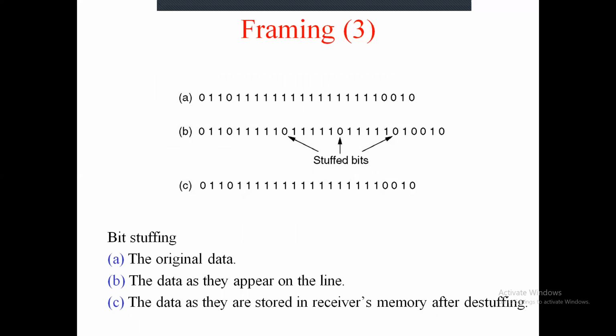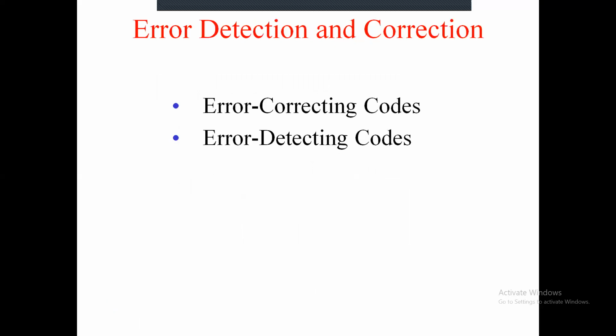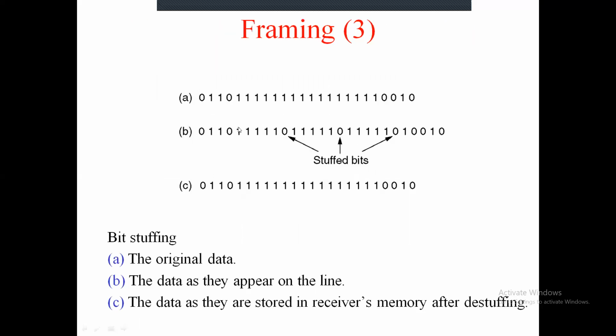Okay, here we are having ABC. In the first part we are having the original data. This is called as bit stream. This is the original data.